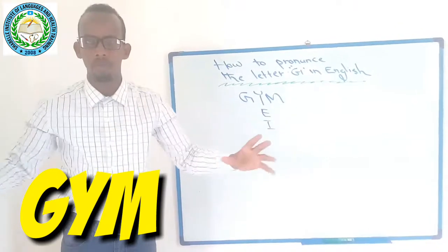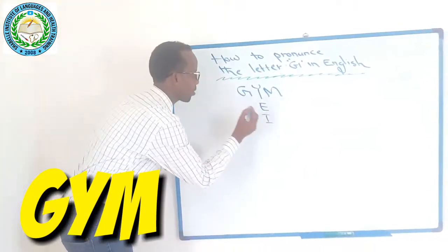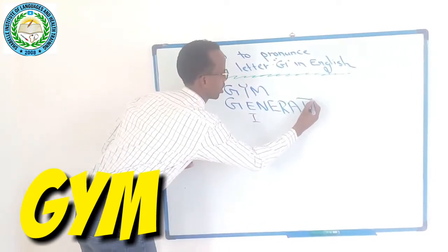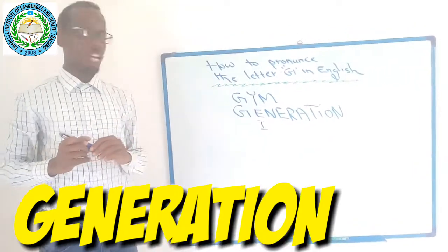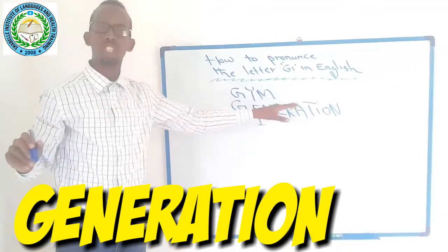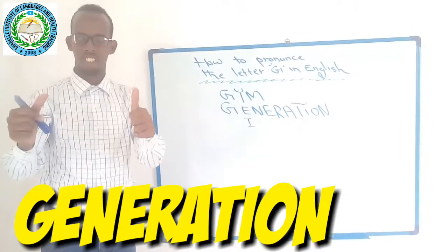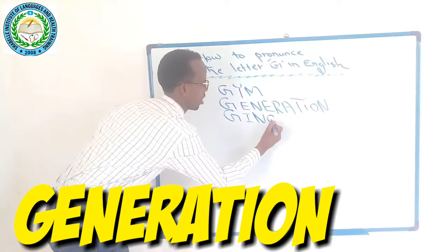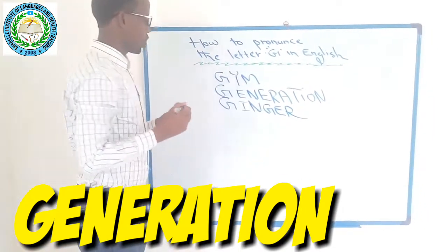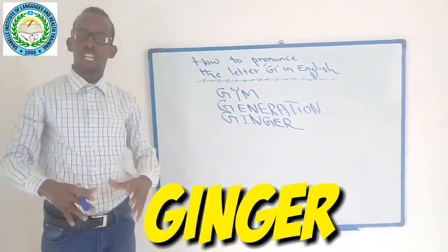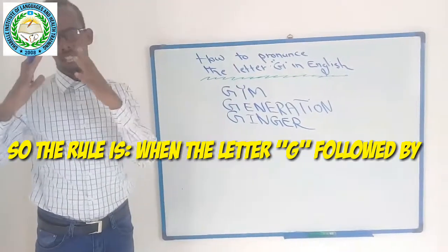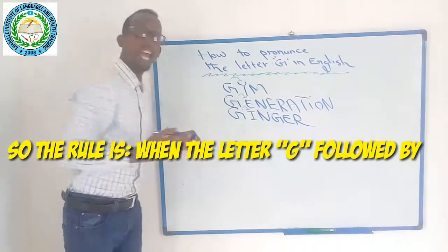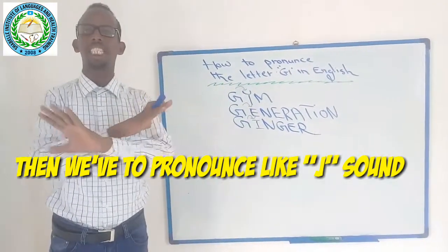Generation. Ginger. So the rule is, when the letter G is followed by Y, E, or I, then we pronounce it like a J sound.